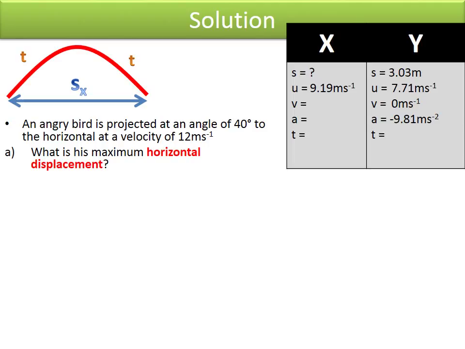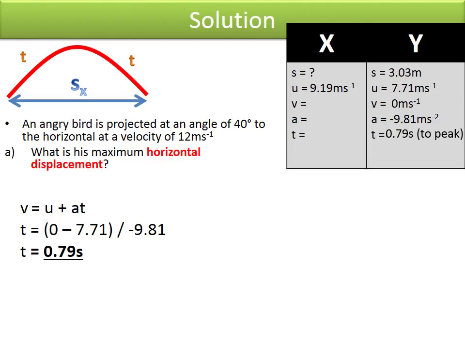So if I can figure out the amount of time it takes to reach the top of its peak, which is 3.03 meters, then I can figure out, by timesing that by 2, the total time before it hits again. So, I'm going to use this equation here, substitute in everything I know so far, and that gives me a time of 0.79 seconds to get to the peak.